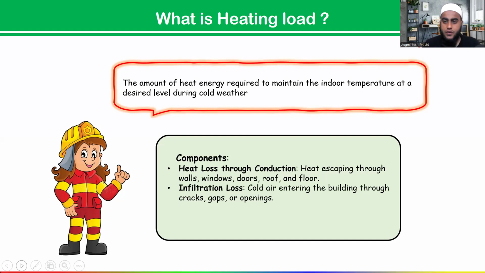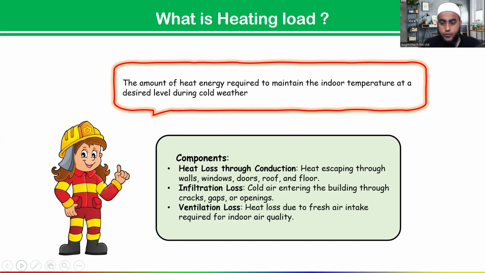Infiltration is the leakage of air inside the building through window cracks, gaps or openings. So in heating load calculation, we have to calculate the infiltration loss, heat loss through conduction, and the ventilation loss, means the heat loss due to fresh air intake required for indoor air quality. So this is all about the heating load.